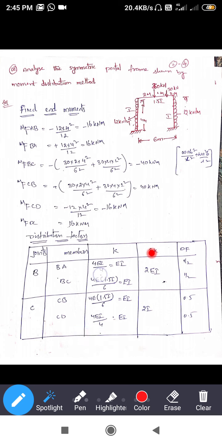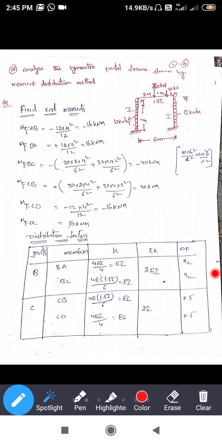By finding the distribution factor, that is nothing but individual stiffness by summation stiffness. Individual stiffness EI, summation stiffness 2EI. So we got 1 by 2, 1 by 2. At BA, the distribution factor is 1 by 2. At BC, the distribution factor is 1 by 2.